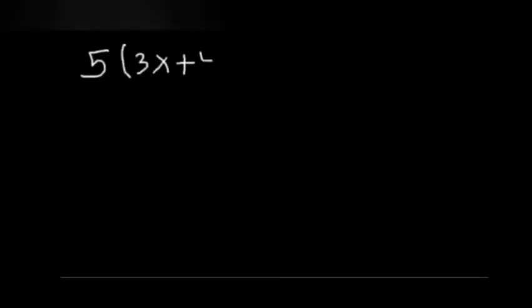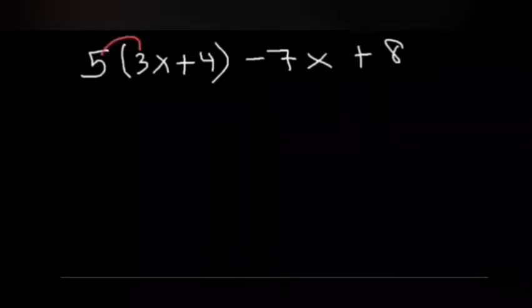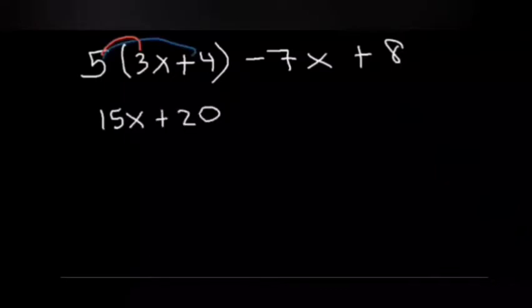We'll take another example. We have 5 open bracket 3x plus 4, close bracket, minus 7x plus 8. Now open the bracket: 5 multiplying 3x gives us 15x, and 5 multiplying 4 gives us plus 20, minus 7x plus 8.